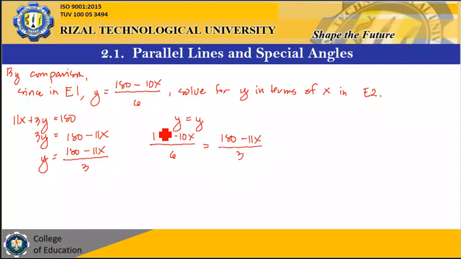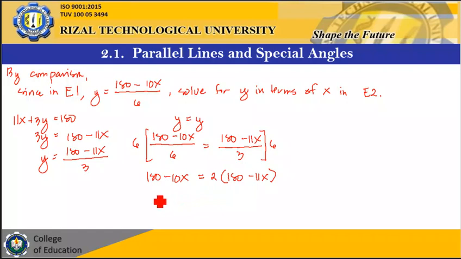Then multiplying both sides of the equation by the least common multiple of the denominators, which is 6, we have 180 minus 10x is equal to 2 times 180 minus 11x.